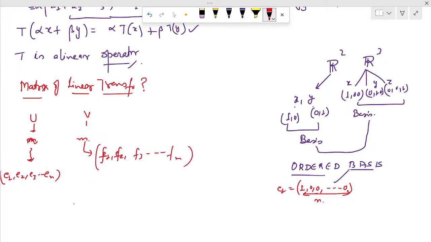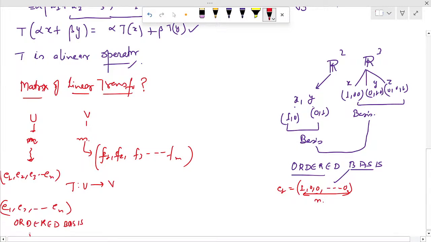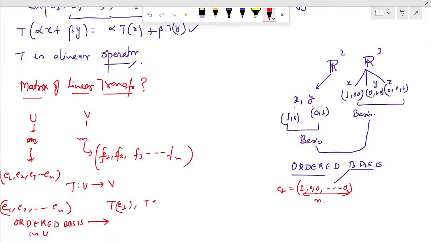Now you see, if I do a mapping T from U to V, and E1, E2, E3 are the ordered basis in U, and I want to see where TE1, TE2, TE3 lie. So you know all these things. If I take the image of all these, that is TE1, TE2, where will they be lying?